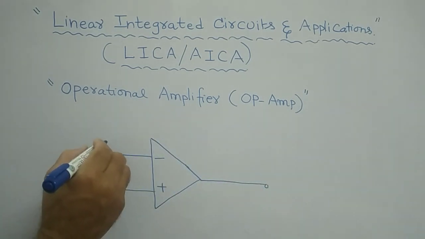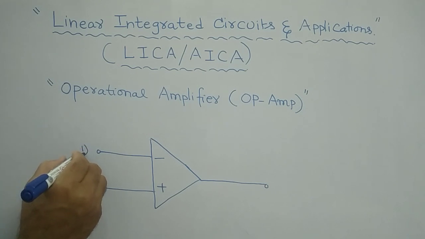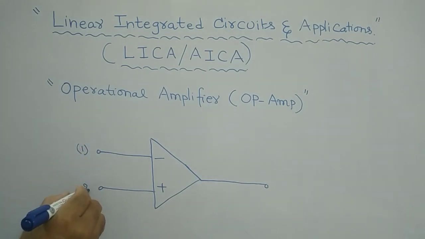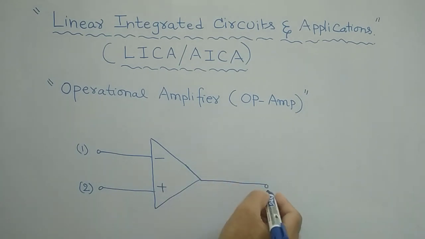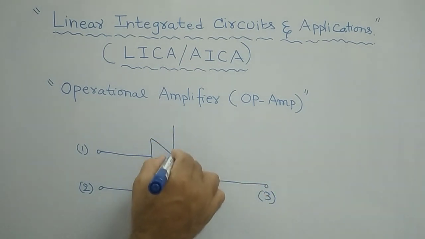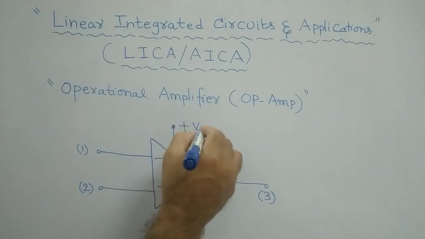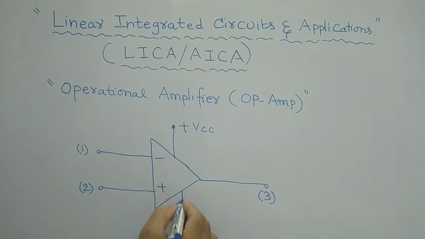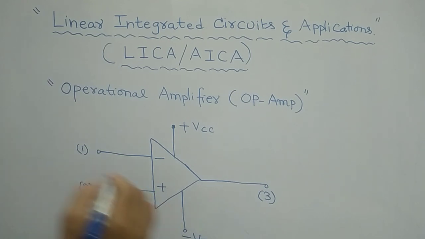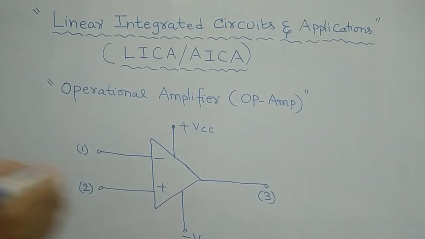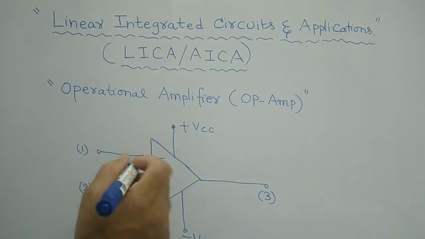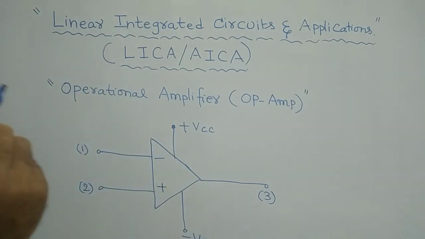This is terminal 1, this is terminal 2, these two are input terminals, and this is terminal 3, the output terminal. It has a supply voltage plus VCC, and also minus VCC, or sometimes written as VEE. This is the physical representation of an operational amplifier.